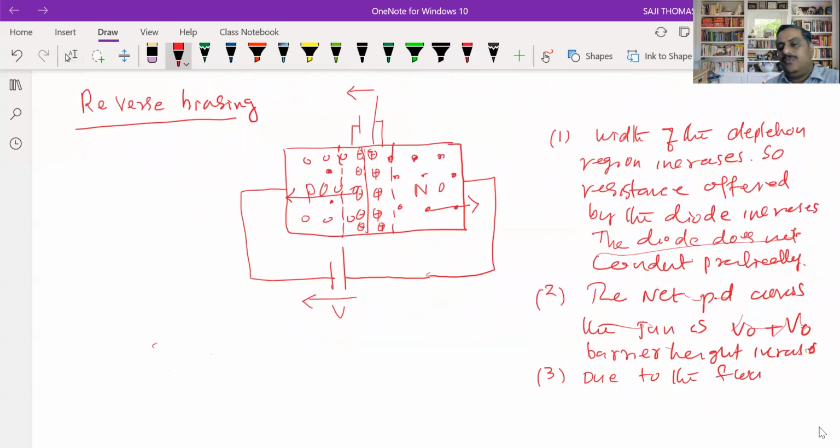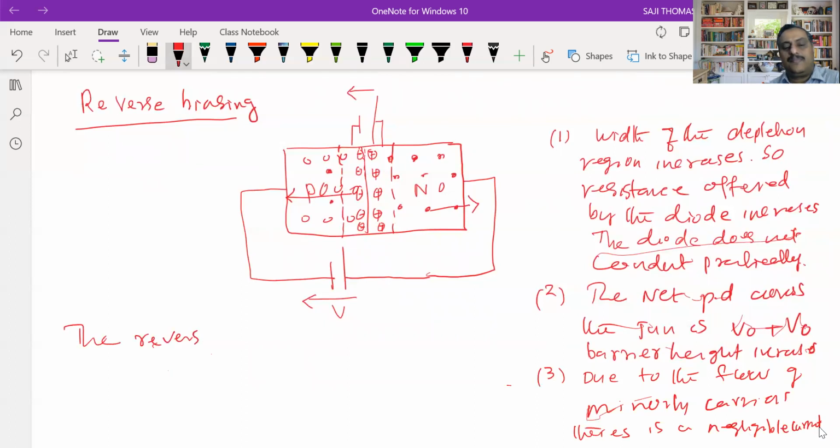Due to the flow of minority carriers, there is a negligible current called reverse current. The reverse current is very small. It is of the order of microamperes.